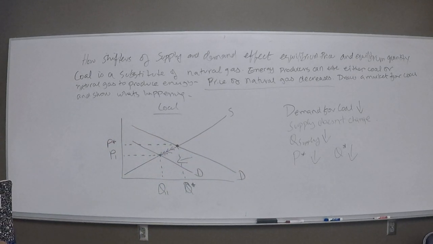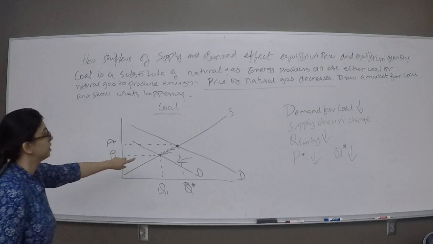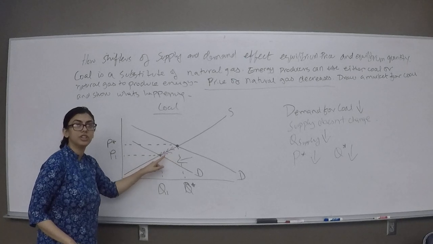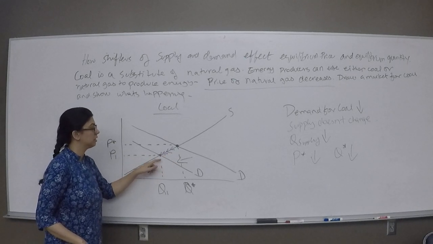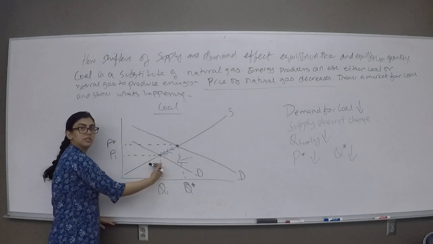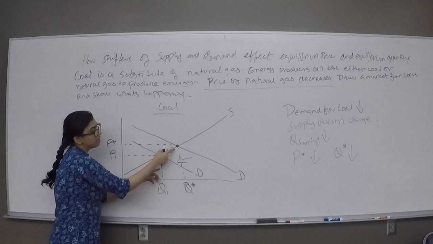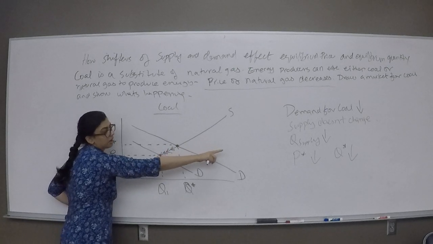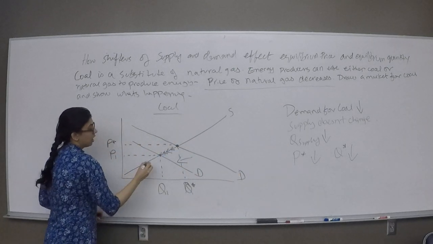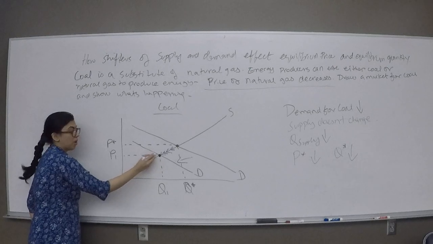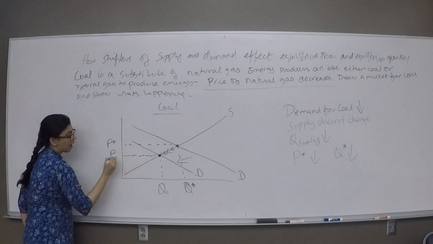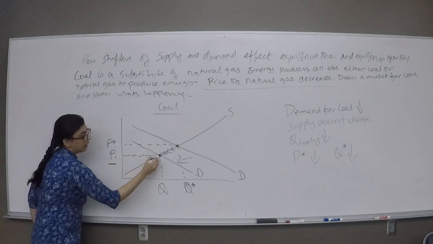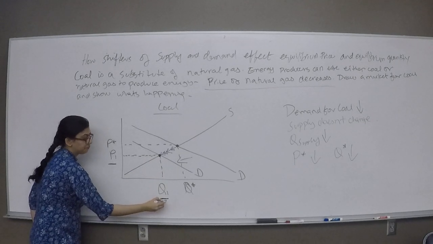Yes, you have a question? So, you understand quantity supplied decreased to meet the new equilibrium, right? First, the demand shifted, demand decreased, and quantity supplied decreased to meet the new equilibrium. That's why QS is decreasing. Now, at this new equilibrium point, this is your new price, and this is your new quantity.